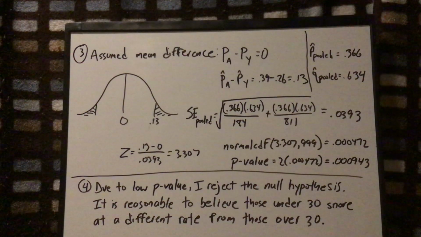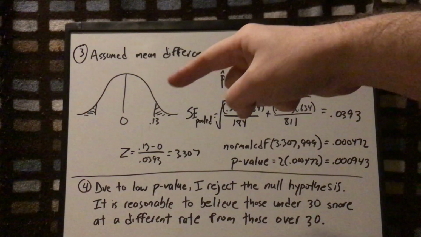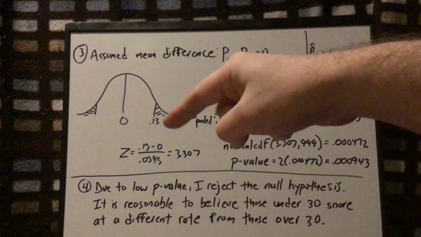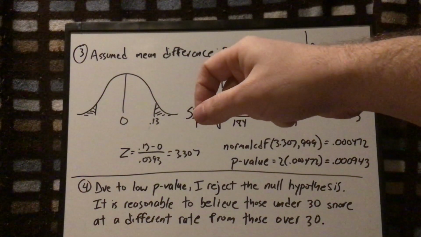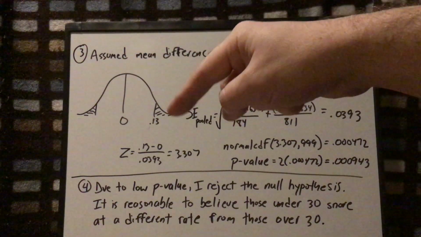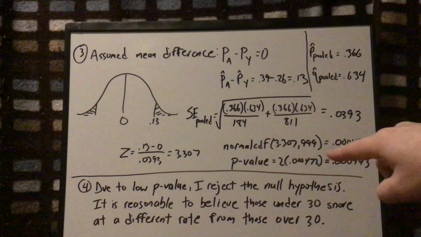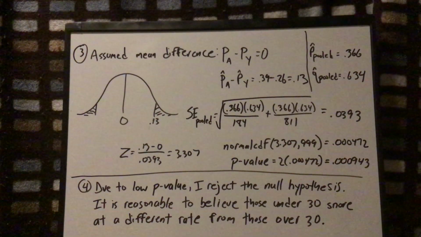I get 0.000472. Now, because this is a two-sided test, that one's not my p-value, because that's only the one side. So the area of this one side is the 0.000472. I need to double it because I was looking for whether it was unusually high or unusually low. So my actual p-value is double that number I just got.